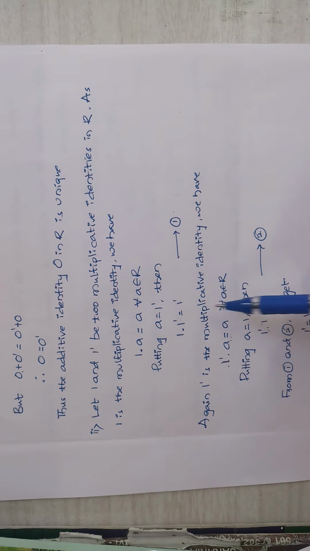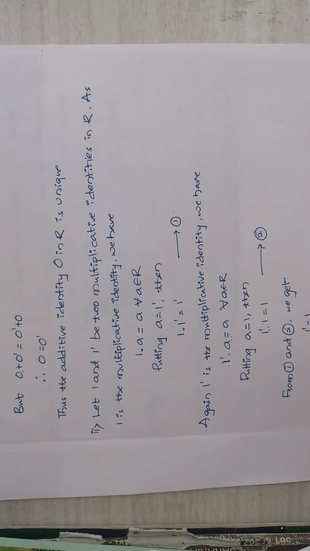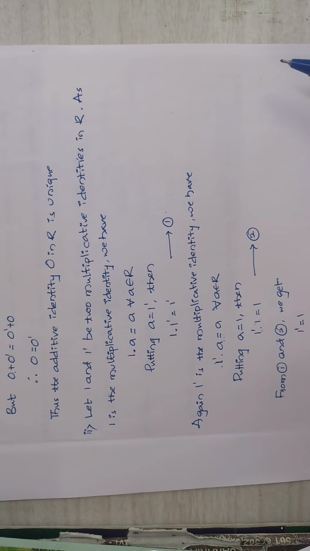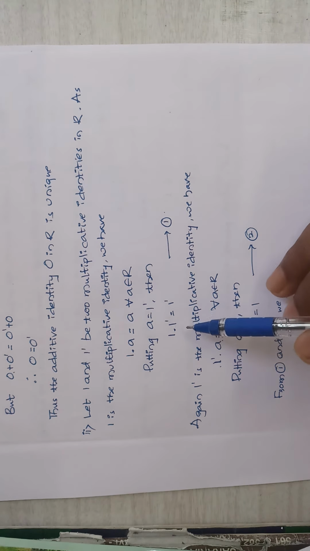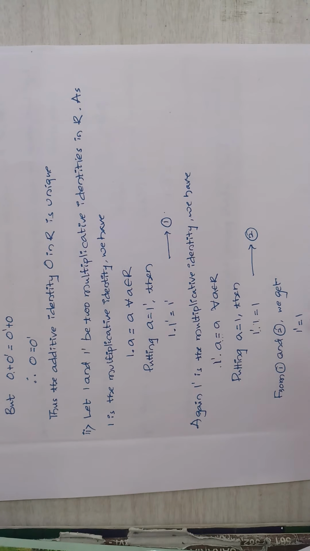So 1 dash equals 1. Therefore the multiplicative identity under real numbers is unique, because by equations 1 and 2 we are getting the result 1 dash is equal to 1.